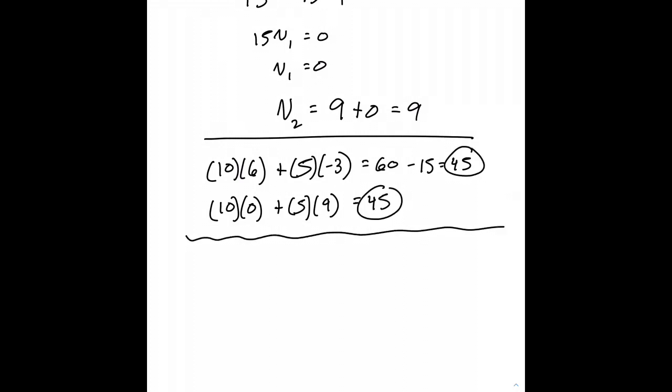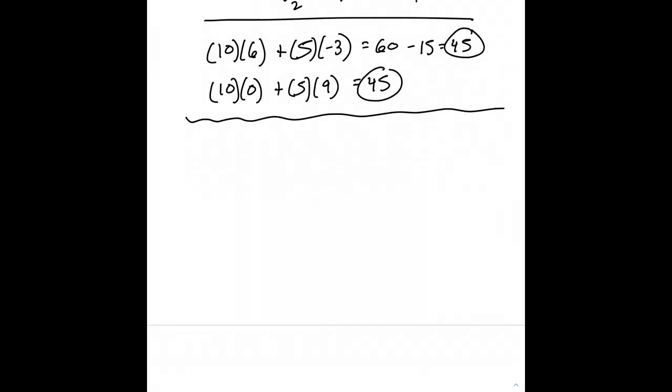The question is, was kinetic energy conserved? So 1/2 times 10 times 6 squared plus 1/2 times 5 times -3 squared is equal to, I believe, 202.5 joules.